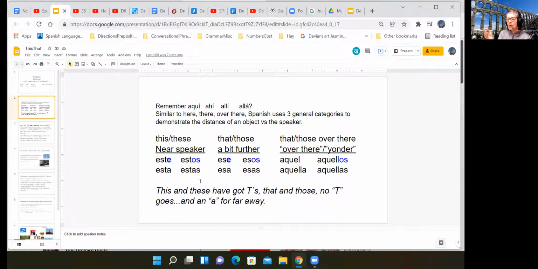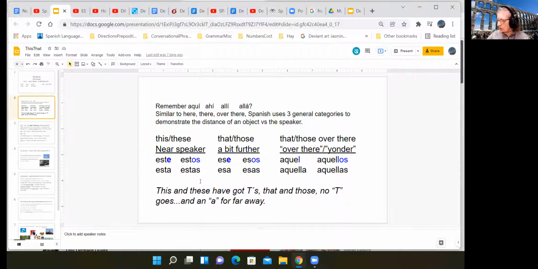And notice with este, we don't end this in o. You traditionally think masculine ending o, feminine ending a, but for the word this, este will not have an o at the end when it pegs onto a specific thing, a specific item.